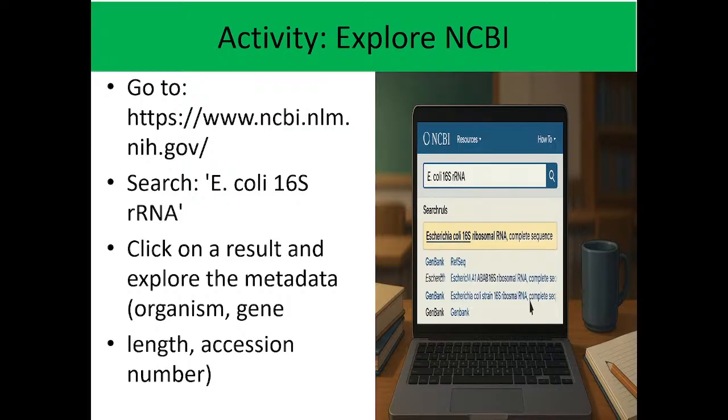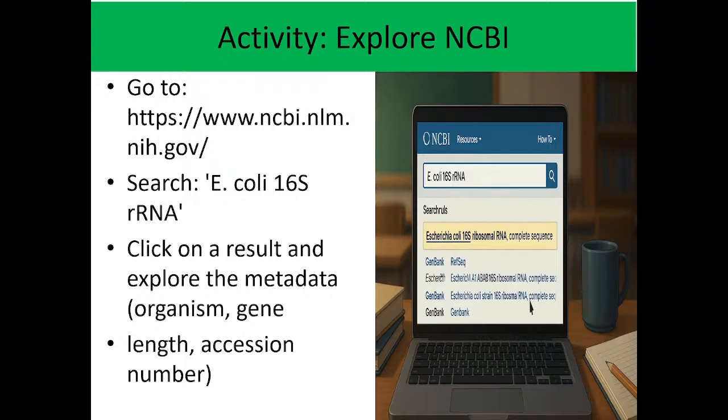The first and quickest way to get it is to go to Google, type NCBI, and it is going to take you there. But another thing is that in your browser, you can just enter www.ncbi.nlm.nih.gov and it will take you to NCBI.